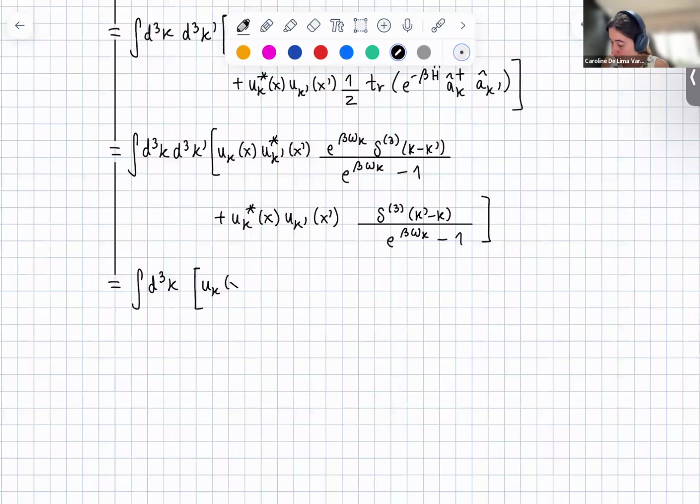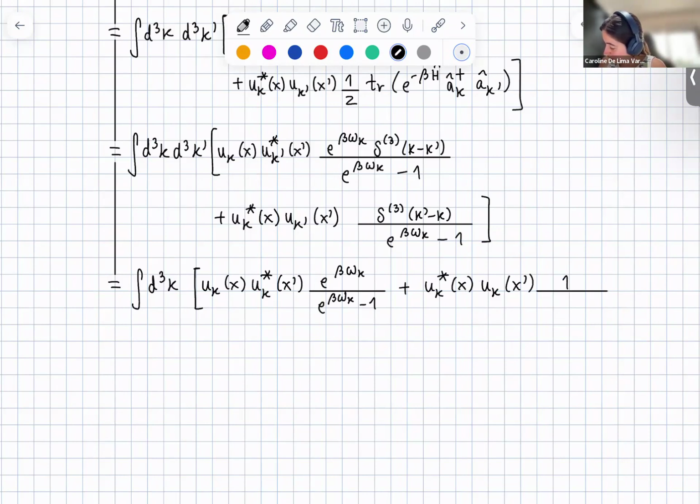So we have u_k(x) u_k*(x') times the factor of e to the beta omega k over e to the beta omega k minus 1, plus u_k*(x) u_k(x') times 1 over e to the beta omega k minus 1.